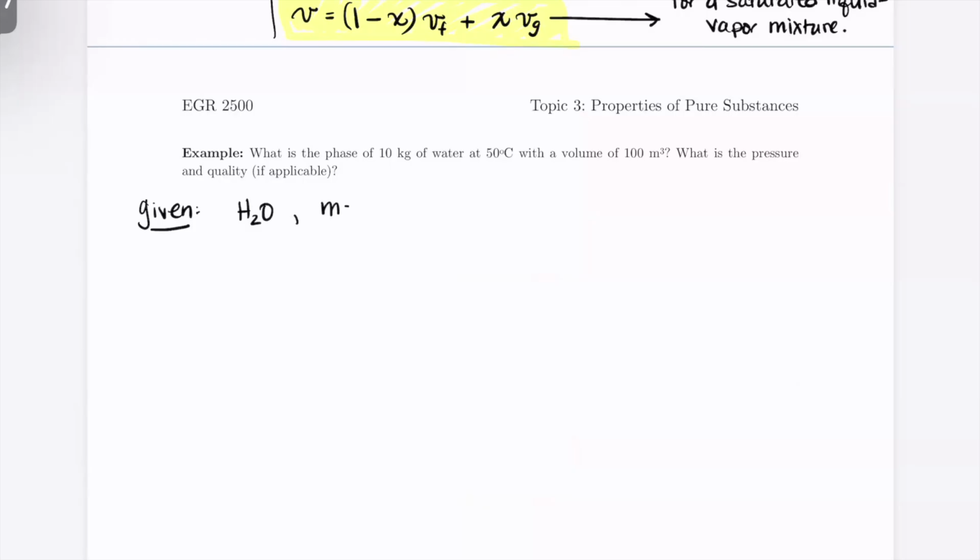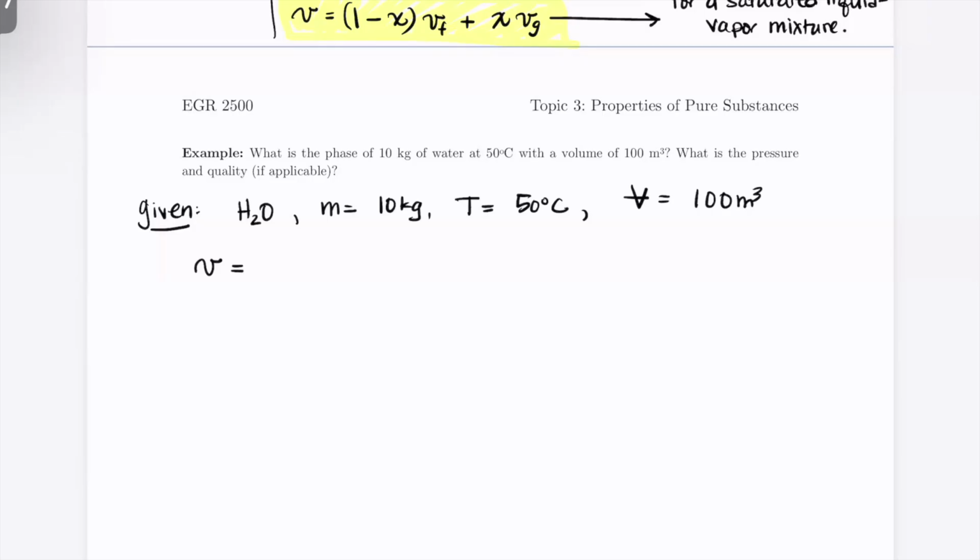We have that the mass is 10 kilograms. The temperature is 50 degrees C. And then our volume is 100 meters cubed. Okay, so from this, we can already find the specific volume because specific volume is just volume divided by mass, right?